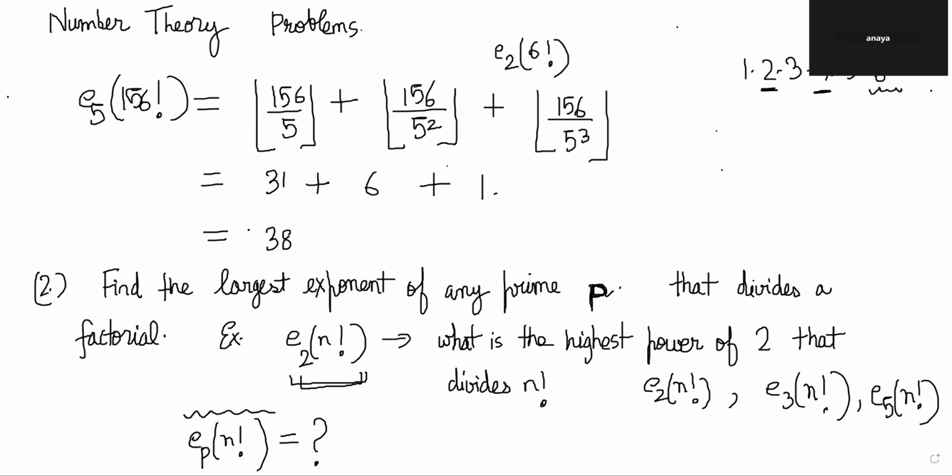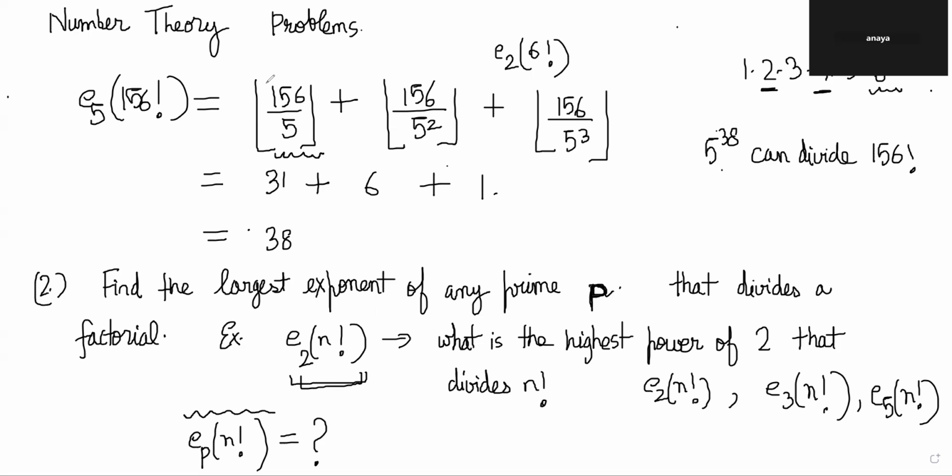So what this tells us is that 5 power 38 can divide 156 factorial. Why do we know that? Because when we do this, what we are saying is there are 31 numbers which are divisible by 5, 31 multiples of 5 coming up to 156.